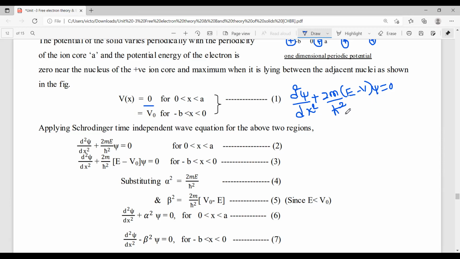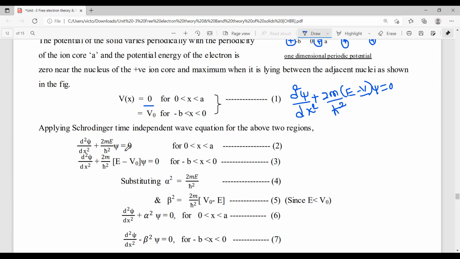Now apply V of x equal to 0 for the region 0 to a. In this case, the potential value is 0. That means we substitute the V value as 0 here.